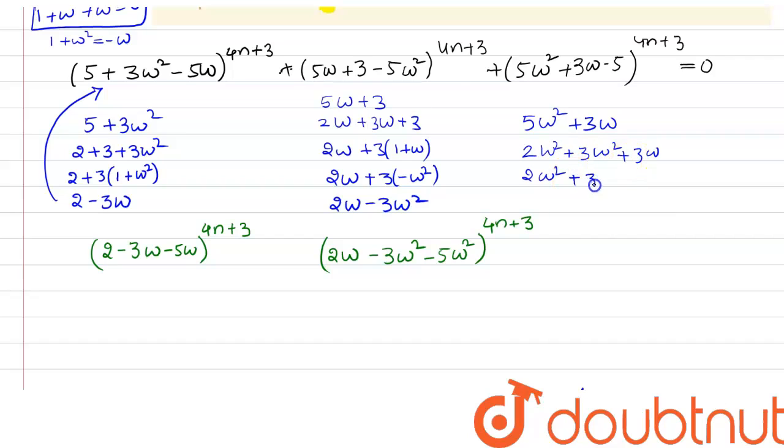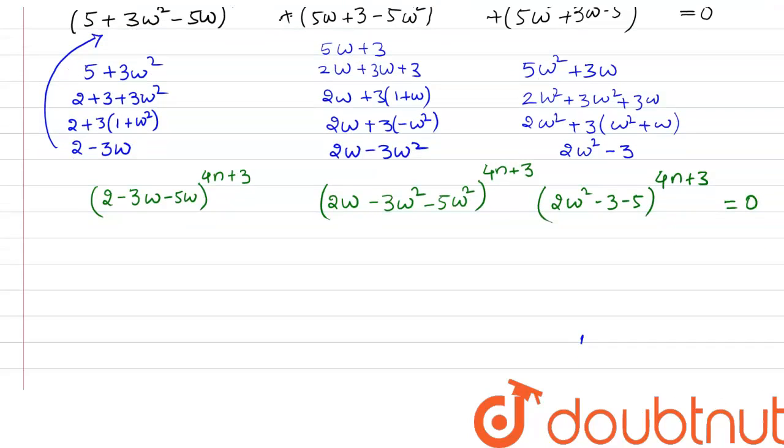This is nothing but 2 omega square + 3 (omega square + omega). What is the value of omega square + omega? This is minus 1. So this is 2 omega square - 3. Now let us substitute this. If we substitute, we get (2 omega square - 3 - 5) whole to the power of 4n + 3 is equal to 0, as given in our question.